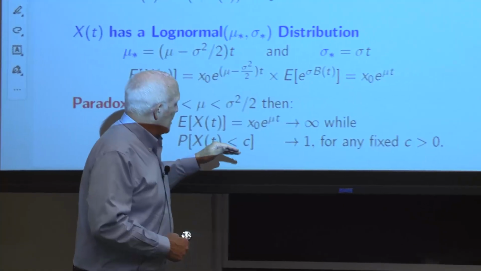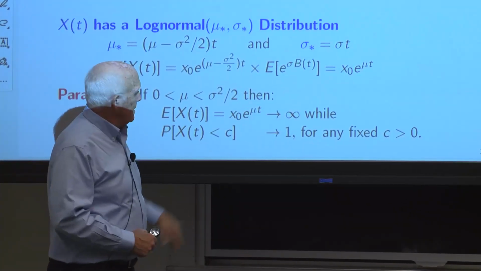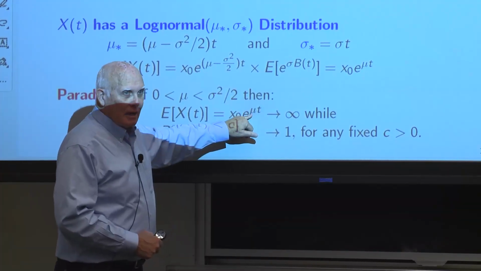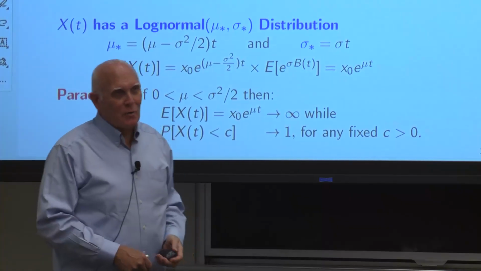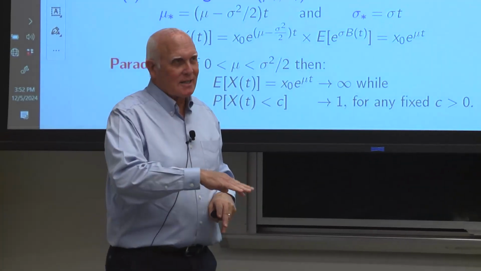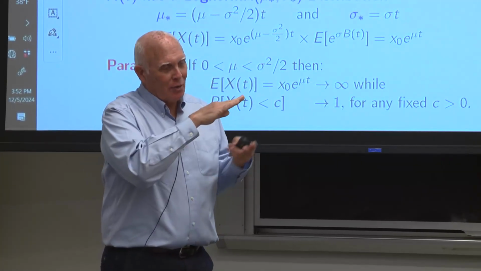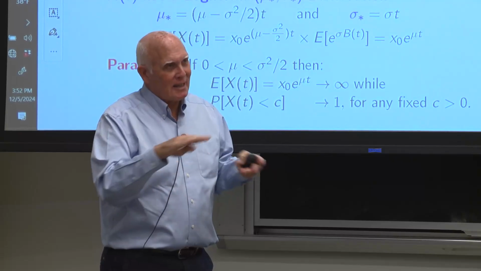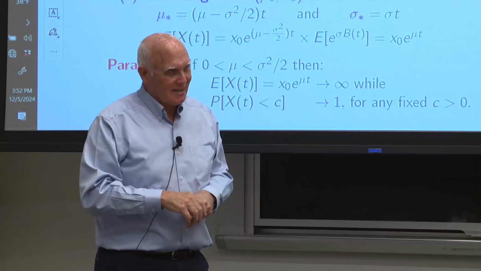But complementing that is that the mean value of X of t is growing exponentially at the rate mu t. So with geometric Brownian motion, we have this process that has a mean level that's growing arbitrarily large, but the process is, with probability approaching 1, approaching 0 for all paths.